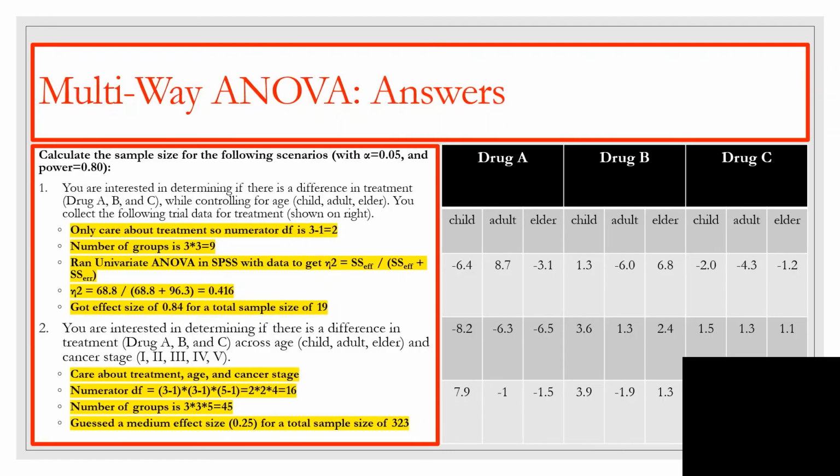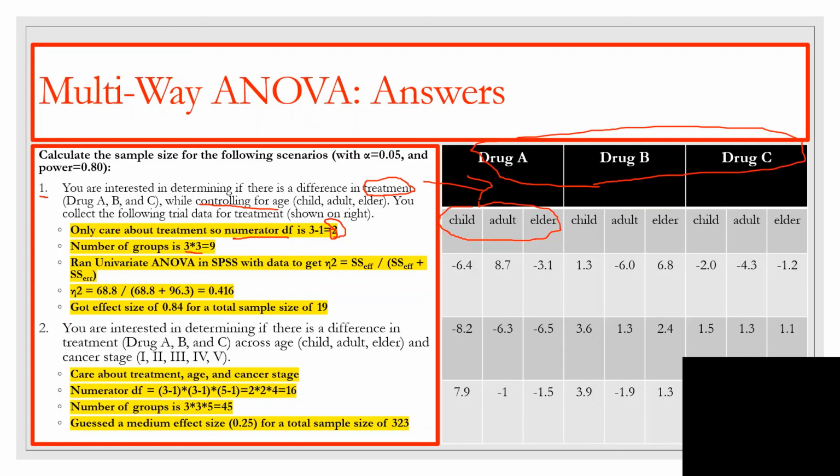Here are the answers, very similar to our examples. For the first one, we have information found on the right here, and we know that we want to control for age, so we're only interested in treatment. So our numerator degrees of freedom will be the number of treatments, so 3 minus 1 equals 2. And it looks like we have 3 age groups and 3 treatments, so the number of groups is 3 times 3 equals 9.